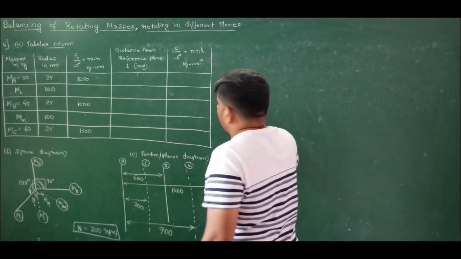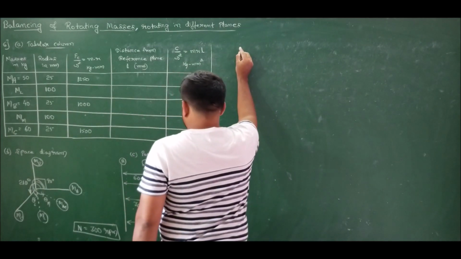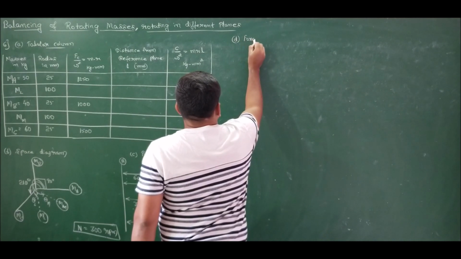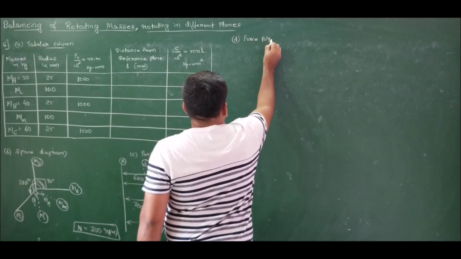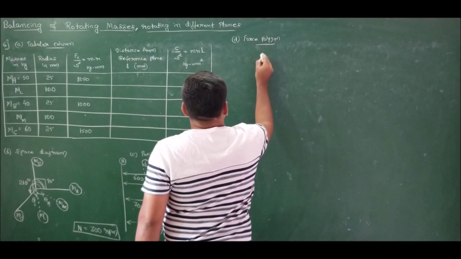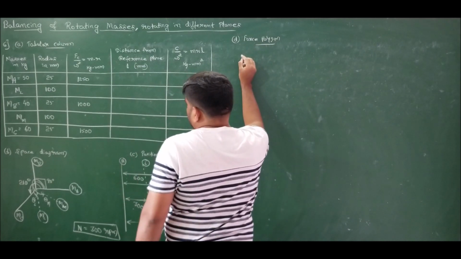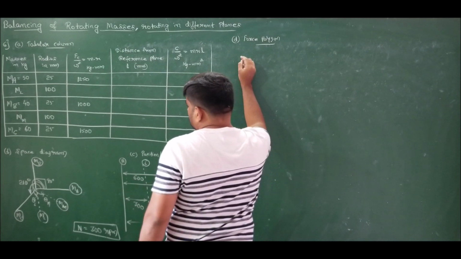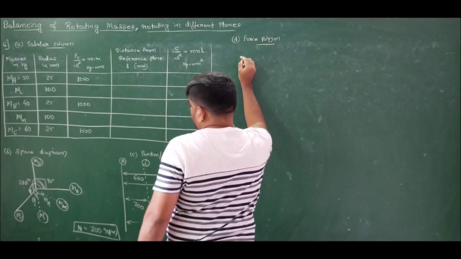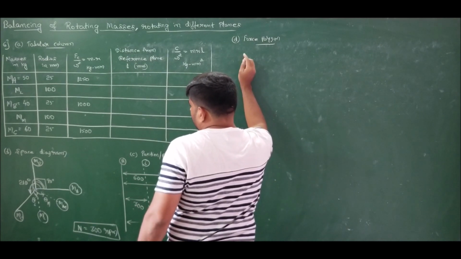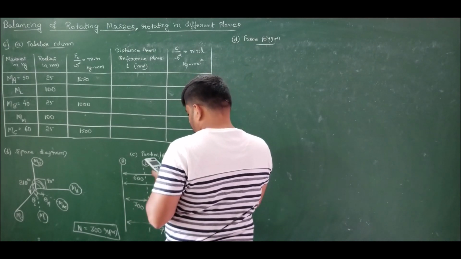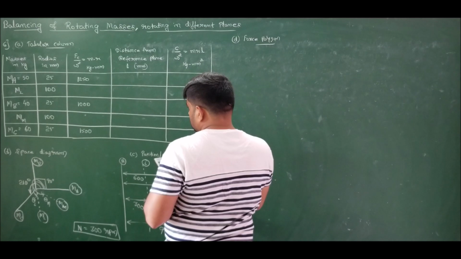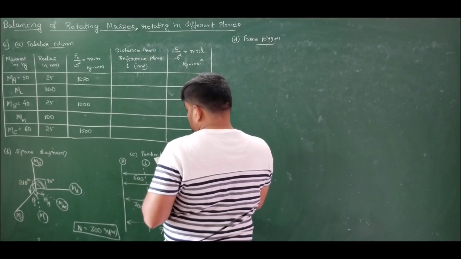If I go for the force polygon first, I should choose a scale. The highest is 1500, so I will choose a scale of 250. 1500 by 250 will be 6 centimeters, which I can easily draw.